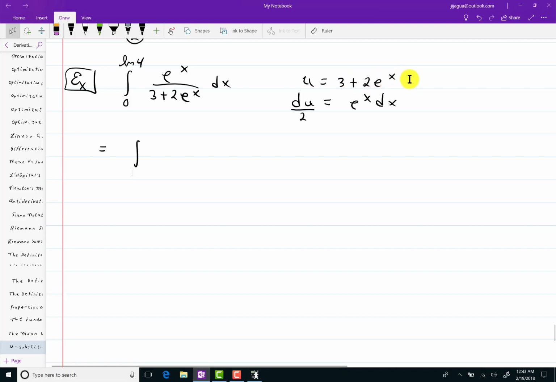Well, e to the 0 is 1, so that'll be 5. Then if I plug in ln 4, well, e to the ln of 4 is 4, so I'll get 2 times 4, that'll be 8, plus 3 will be 11. And then let's go ahead and replace the things I need to. I'll have 1 over u, that'll be the denominator portion, and then the e to the x dx, I'll have a du over 2.